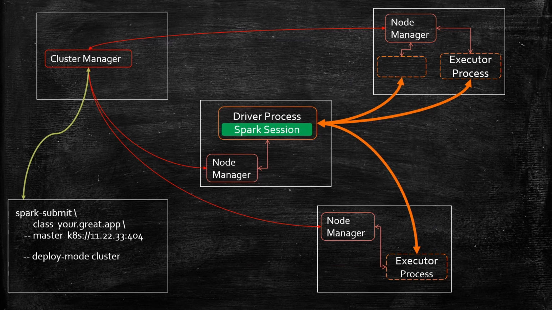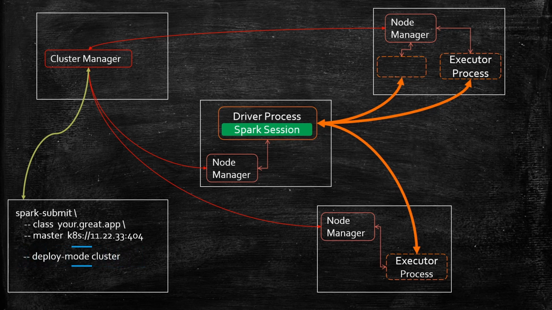The Spark driver process is at the heart of the Spark application, and the deployment mode of a Spark application specifies where the driver process will run relative to the cluster. There are multiple deployment modes. The first one we are going to look into is the cluster mode.